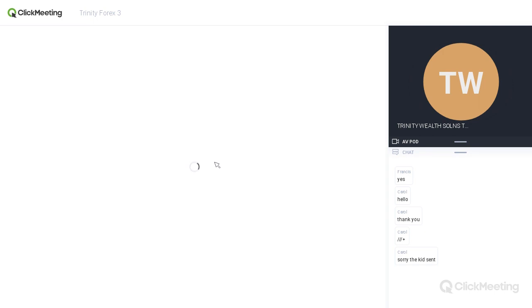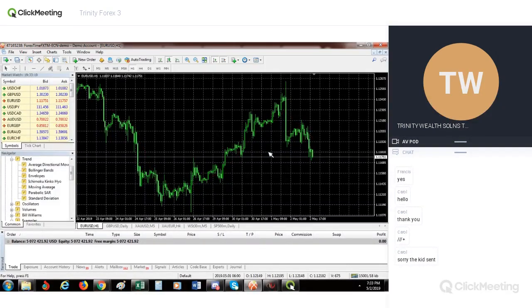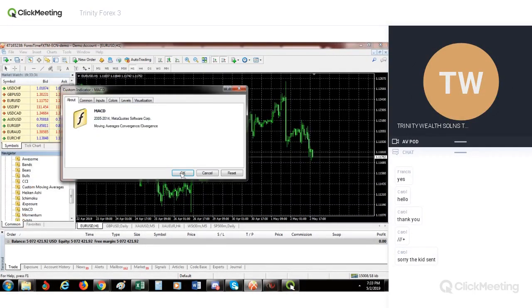So if you want to remove an indicator, just place your cursor there, right click, delete indicator. All right. So you want to try MACD. Yeah? MACD is somewhere down here. Attach to chart.